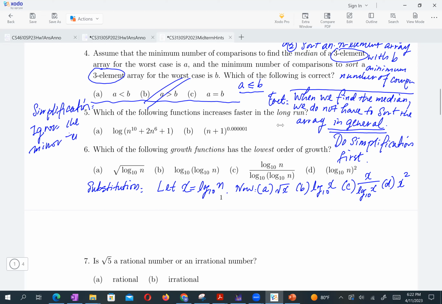So for option A, in the parentheses, just keep the leading term.